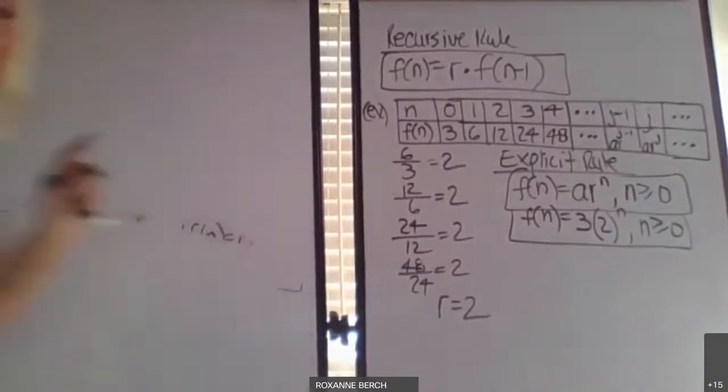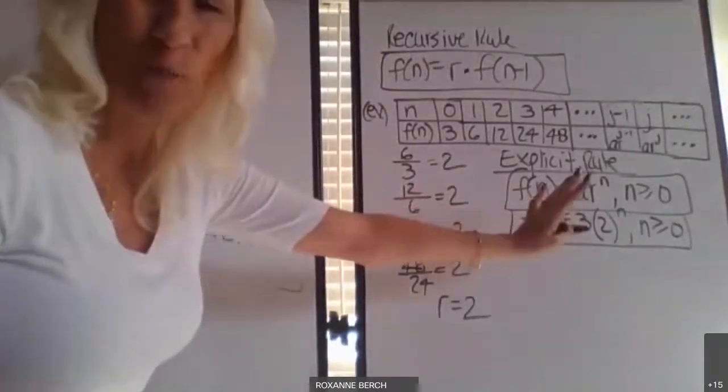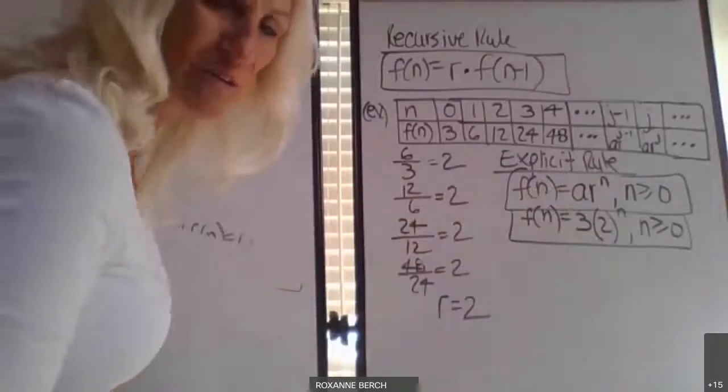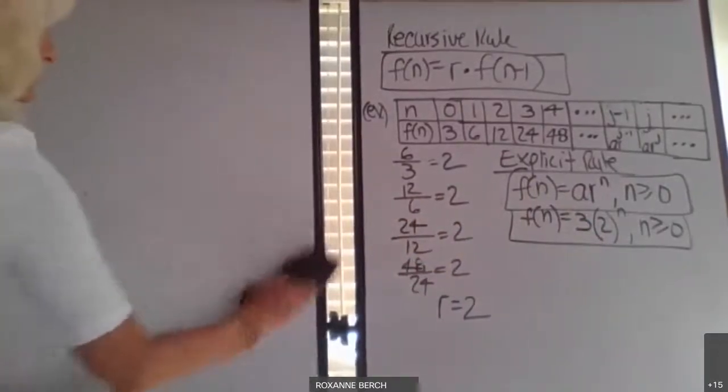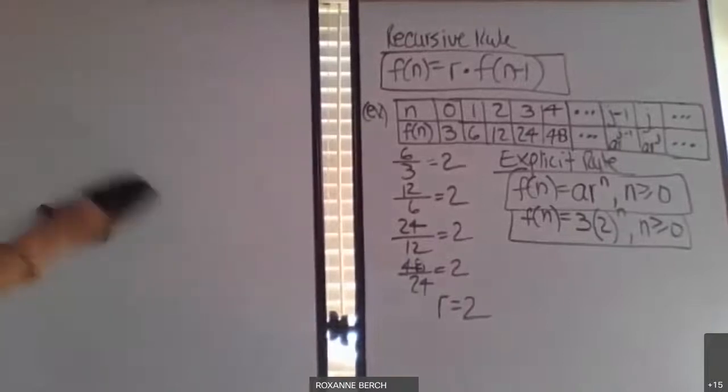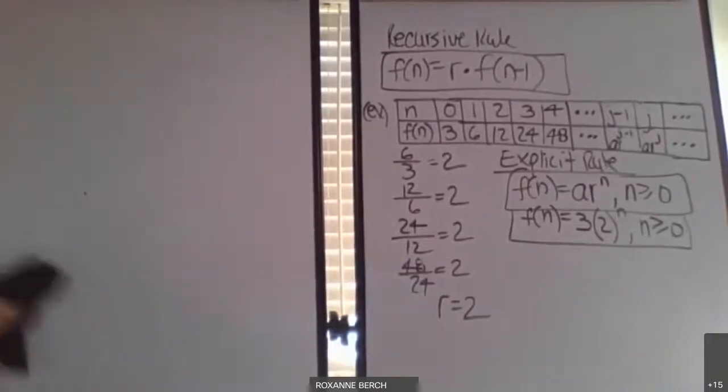Now, I like to use parentheses, but you can use a dot. I don't recommend the dot to show multiplication there. You're going to see it. Doesn't mean we like it.